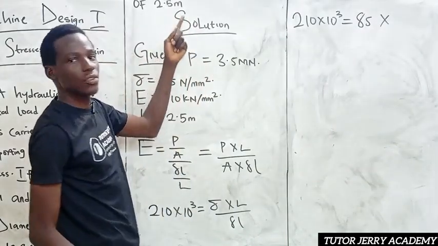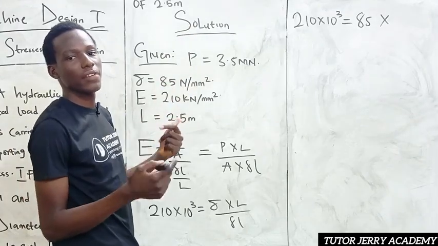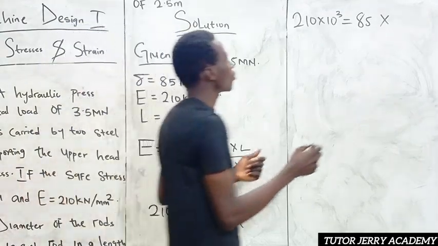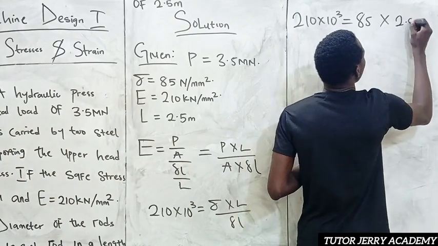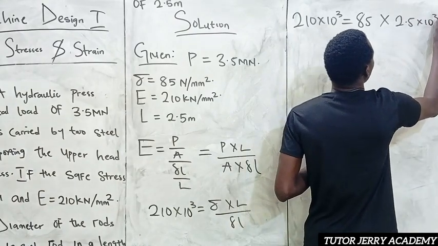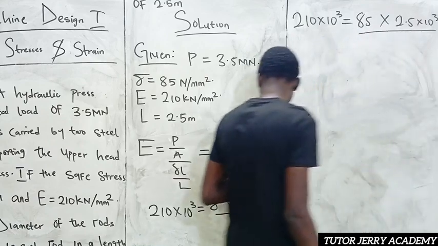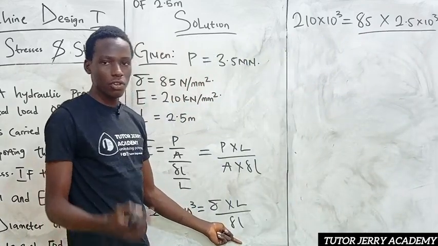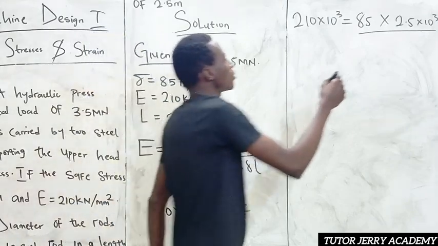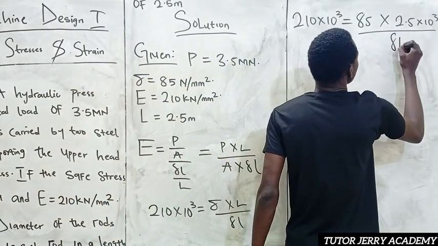Converting 2.5 meters to millimeters is nothing but 2.5 times 10 to the power of 3. This will be all over our change in length, of course, which is what we are looking for.